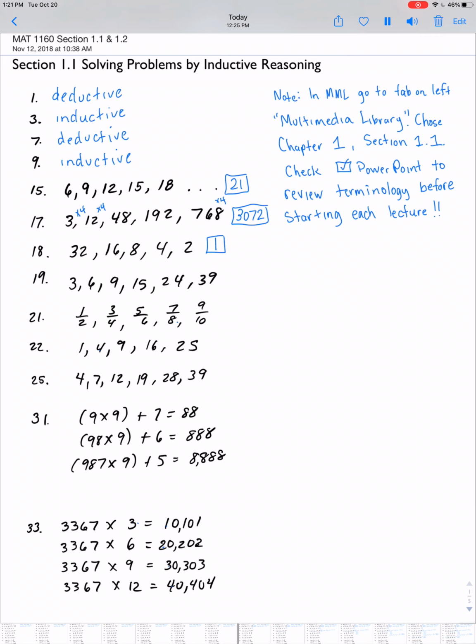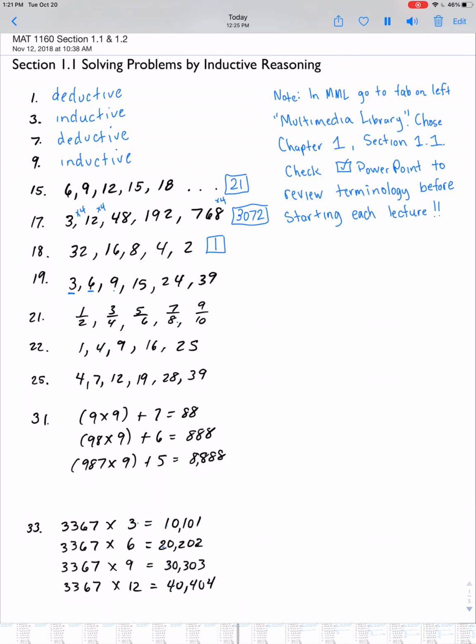Alright, 19. 3, 6, 9, that looks like plus 3, plus 3, plus 3, but then we get to 15, so that's different. So then I'm going to start back over and look at it again. One of the common things they do is 3 plus 6 is 9. So sum of the previous two.